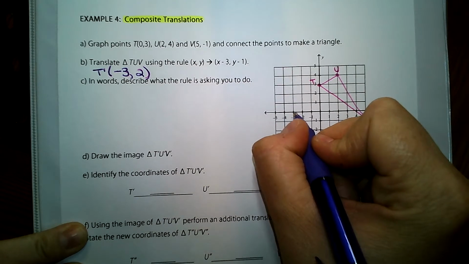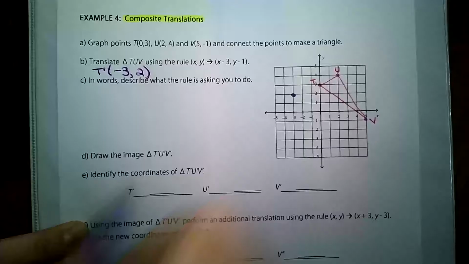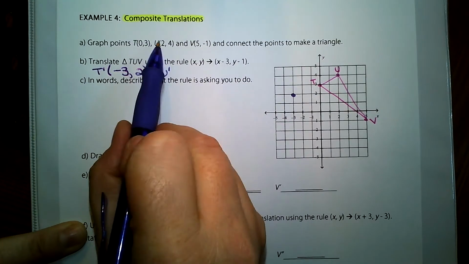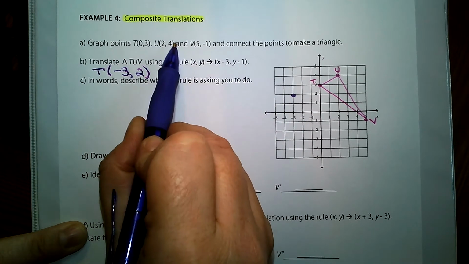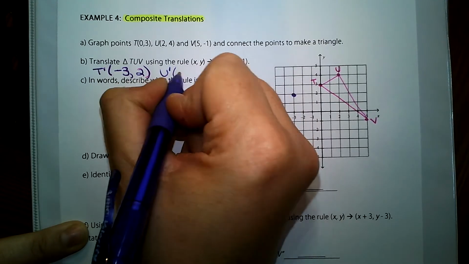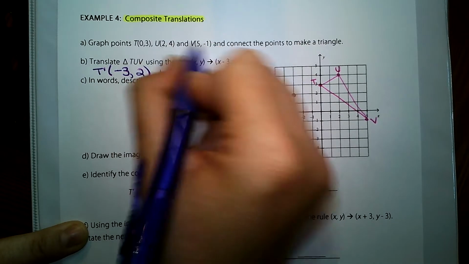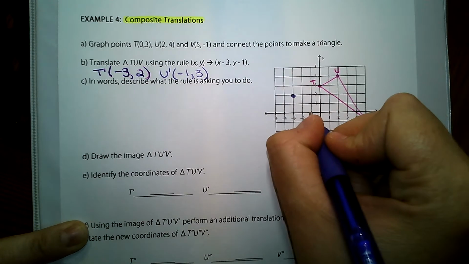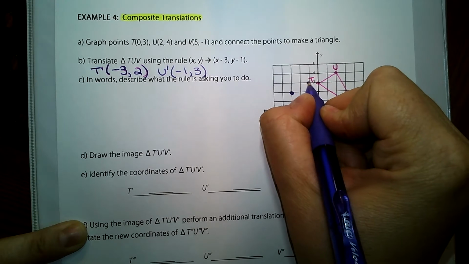Negative 3, 2. Now for U. Take the x value, subtract 3. Take the y value, subtract 1. 2 take away 3 is negative 1. 4 take away 1 is 3. So our new location of U is negative 1, positive 3.